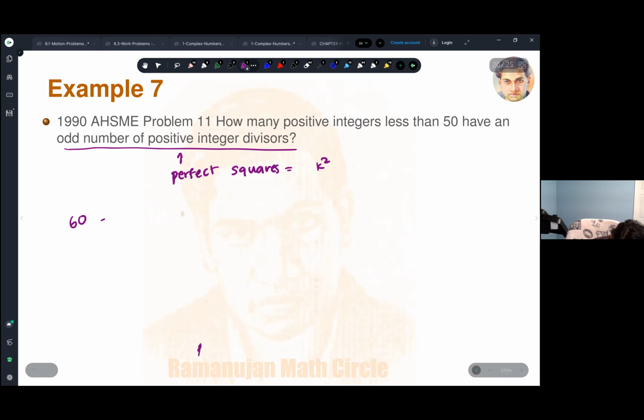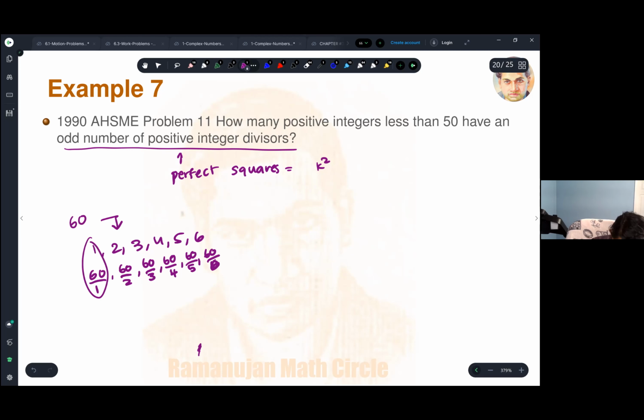So 60, for example, has factors 1, 2, 3, 4, 5, 6. But then from here, if 1 is a factor, then 60 over 1 is also a factor. 60 over 2 is also a factor. 60 over 3 is also a factor. 60 over 4 is also a factor, right? 60 over 5 and 60 over 6, right?